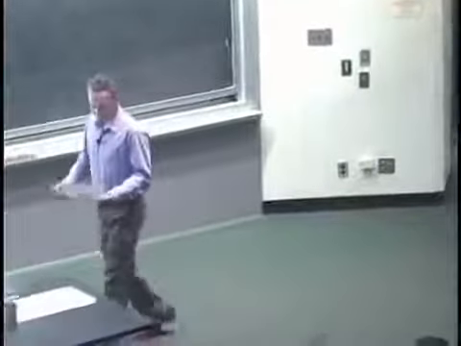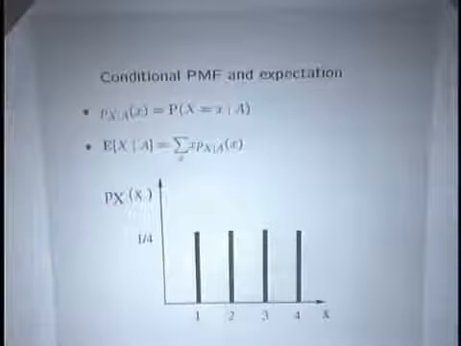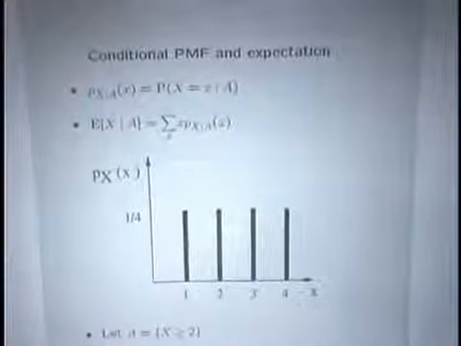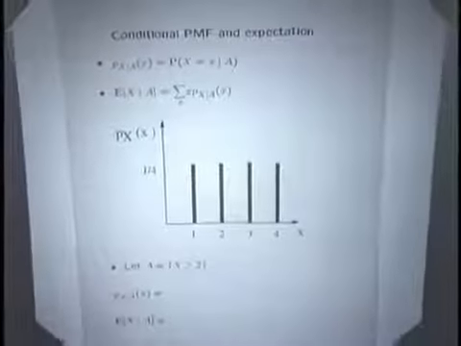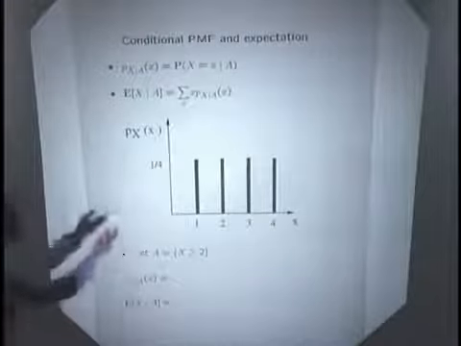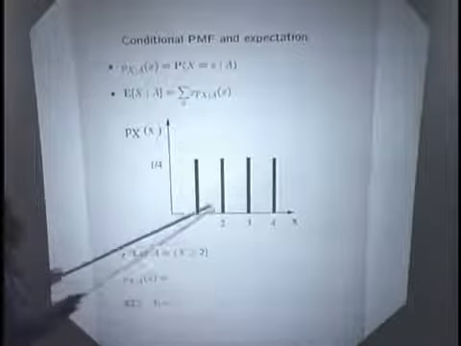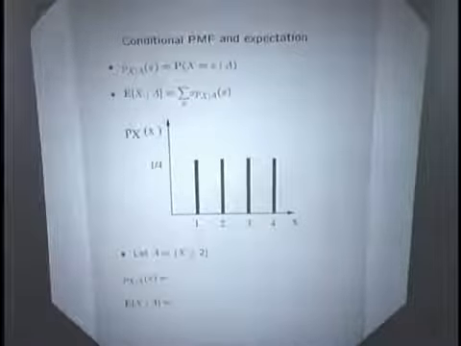So since we can have conditional probabilities, why not have conditional PMFs as well, since PMFs deal with probabilities anyway. So we have a random variable, capital X. It has a PMF of its own. For example, it could be the PMF in this picture, which is a uniform PMF that takes 4 possible different values.